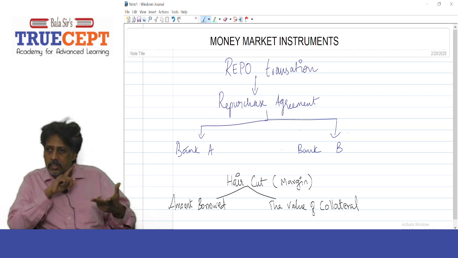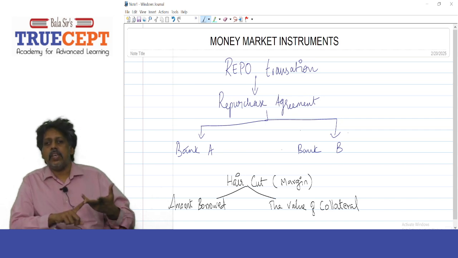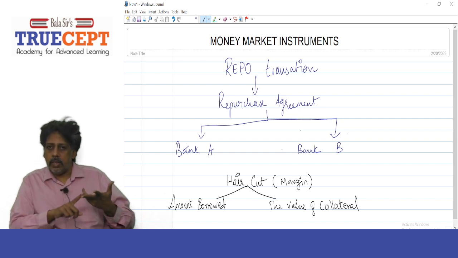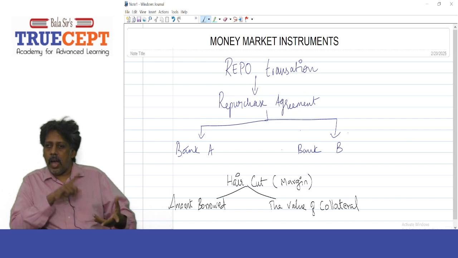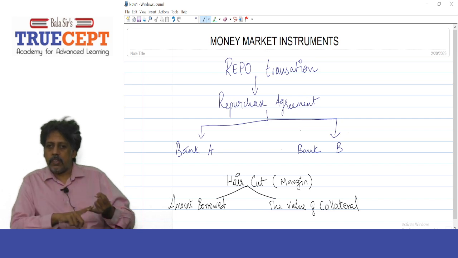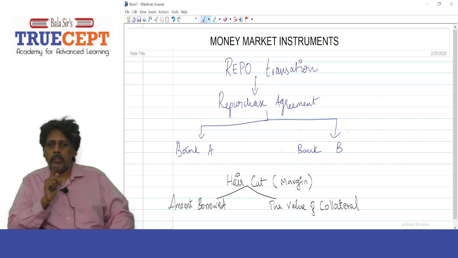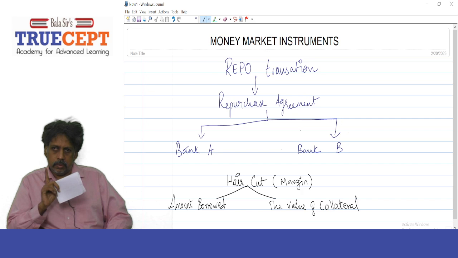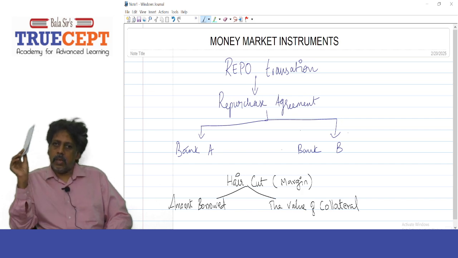It is a sale and a repurchase. Banker A is going to sell those investments today and repurchase the same investments after 30 days for rupees 1,01,000. Now, note this point.